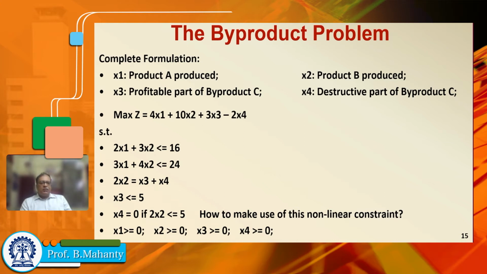These are the raw material constraints in two different operations. 2x2 equal to x3 plus x4, x3 less than equal to 5, and x4 equal to 0 if 2x2 is less than equal to 5. Now the question is how to make use of this nonlinear constraint, and these are the non-negativity constraints.